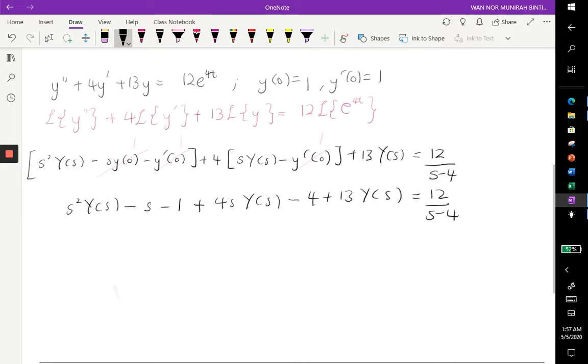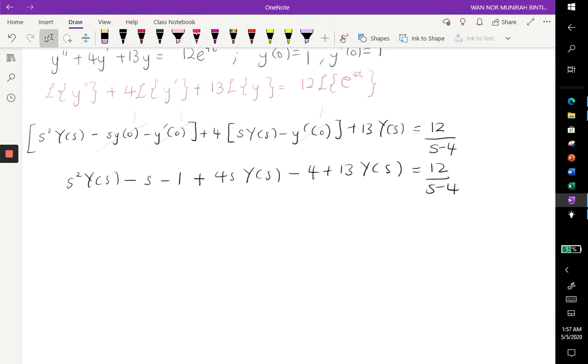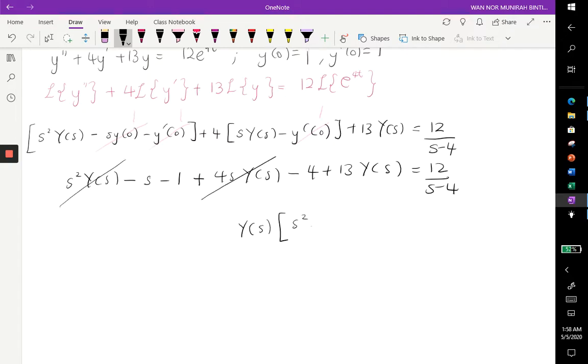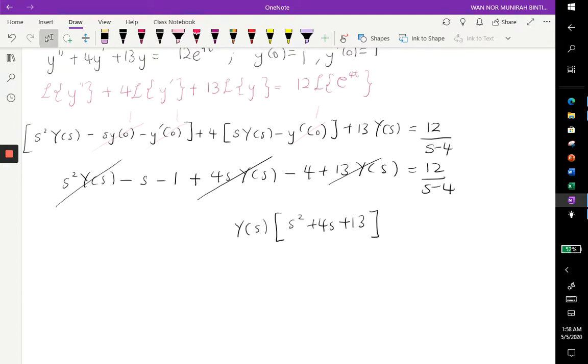Okay, so our goal is we just want to let only Y(s) on our left. So before that, I need to factorize Y(s). So I have s squared, I have 4s, and then I have 13 of Y(s). If you do a lot of exercises, you will find that when you try to factorize, this is similar to your question.